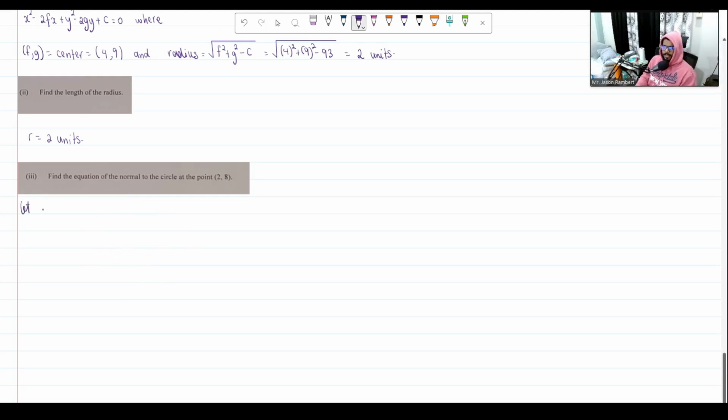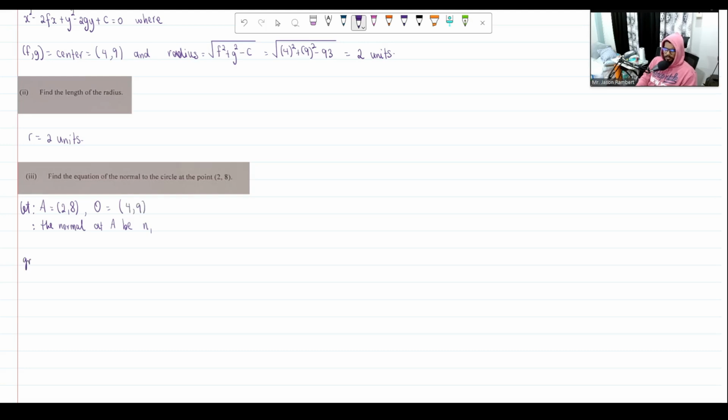So let A be 2, 8, and let the normal at A be N1, normal 1. You could name it anything. Let A be that, and let O be the center, which we calculated to be 4, 9.